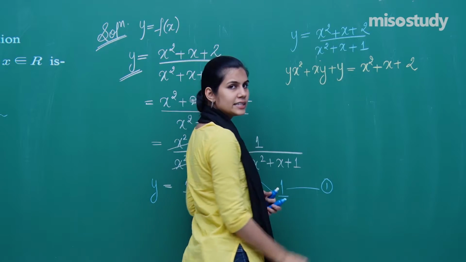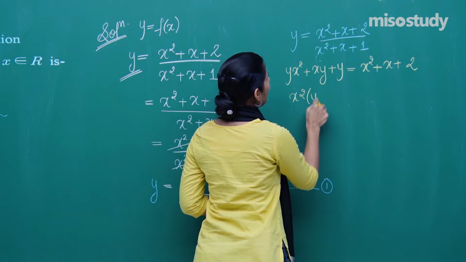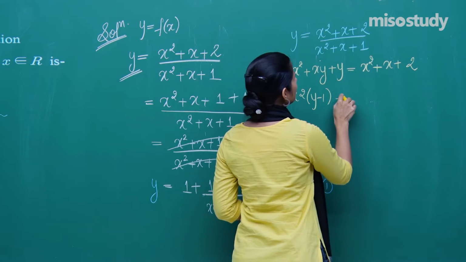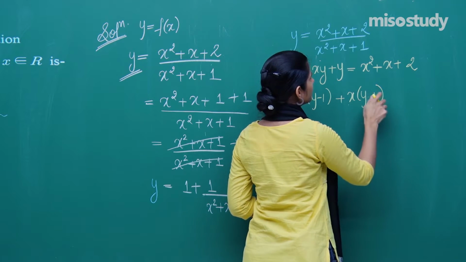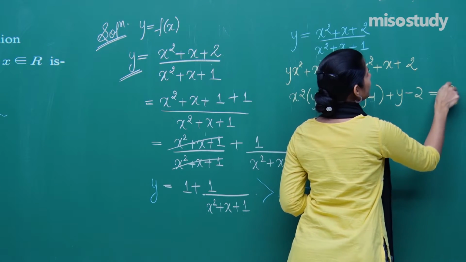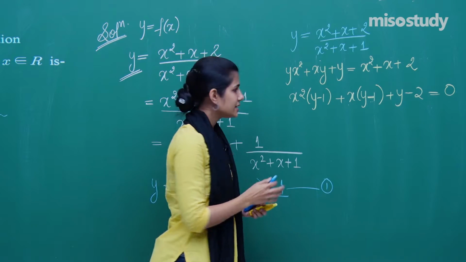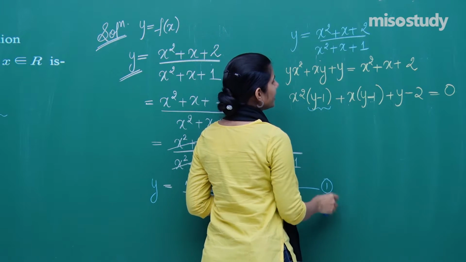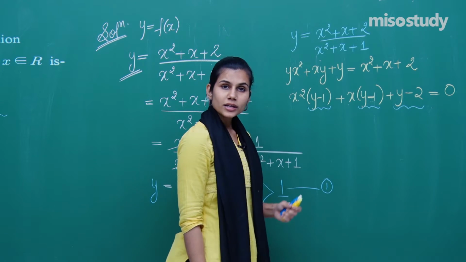And just bring the like terms aside, you get x square (y minus 1) plus x (y minus 1) plus (y minus 2) equals 0. Now if you carefully see, this y minus 1, y minus 1, y minus 2, what are these?